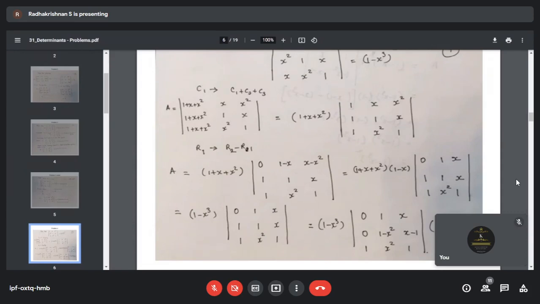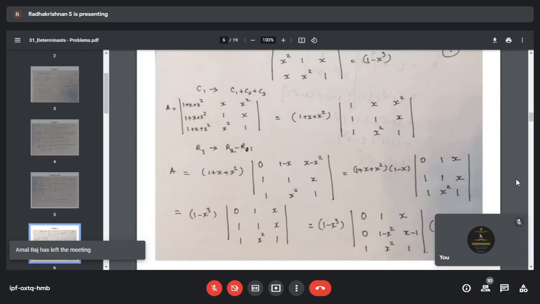What I'm trying to do is, row 1 is already 0. Suppose I make another element 0, it will become very easy for me to evaluate the determinant. I see that there is 1 and 1 here. So the second row will have a 0, and then it will become much easier for us to evaluate the determinant. So that is what I have done: R2 equal to R2 minus R3.